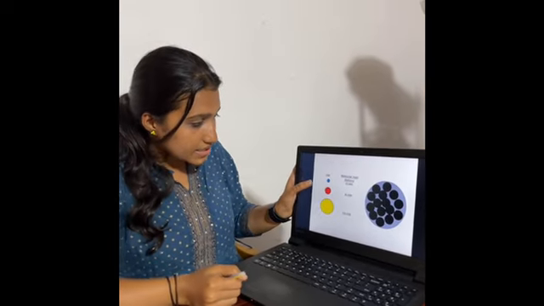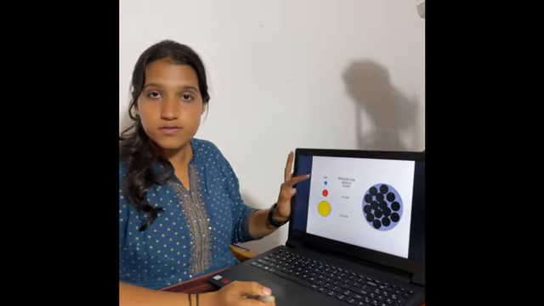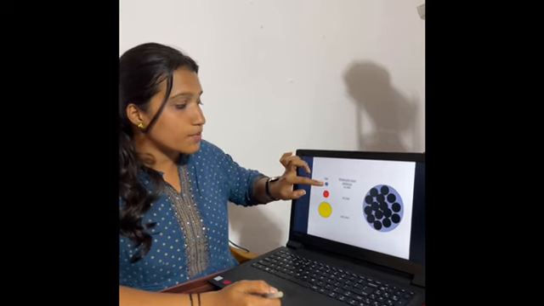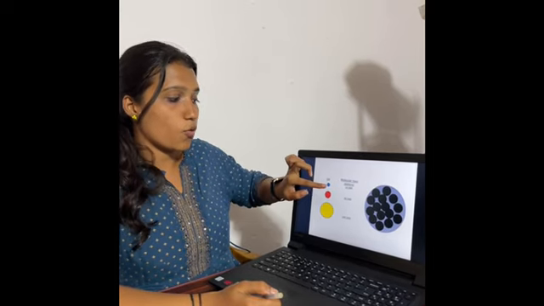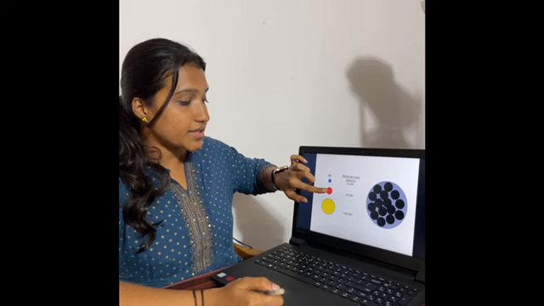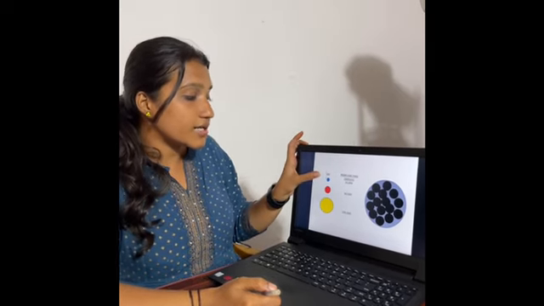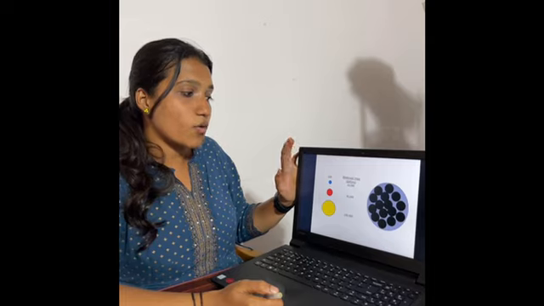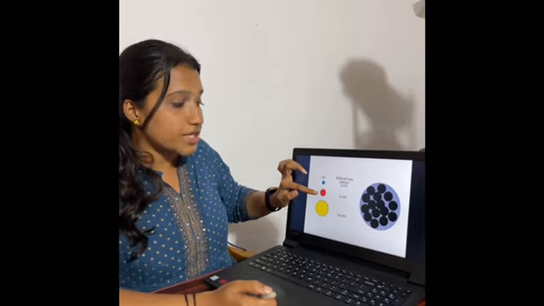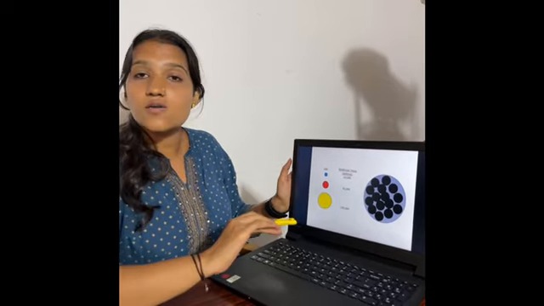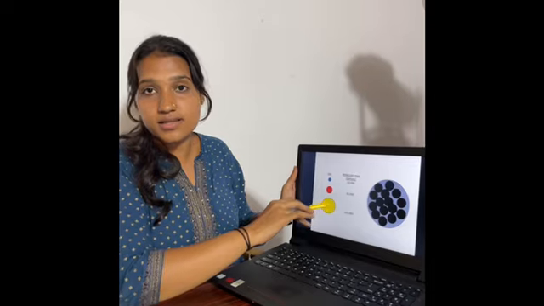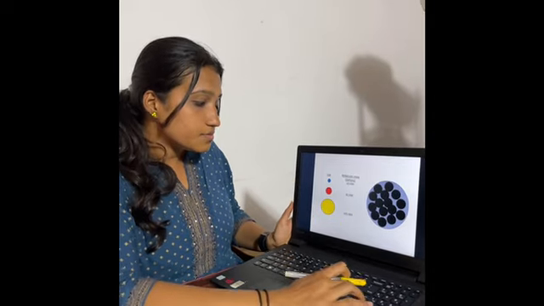As we see on this screen, there are three groups of solutes based on size. The blue color indicates the smaller, the red color the intermediate, and the yellow color the larger size. The smaller size has 10,000 molecular mass, the intermediate solutes have 30,000 molecular mass, and the larger size has 1 lakh molecular mass.